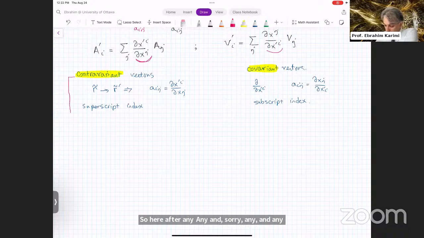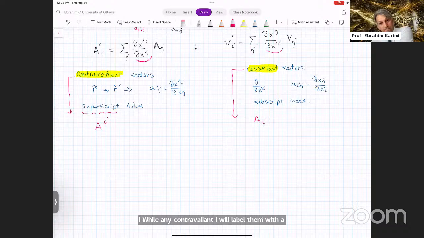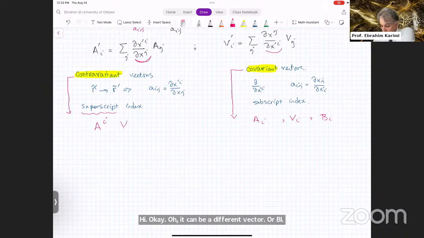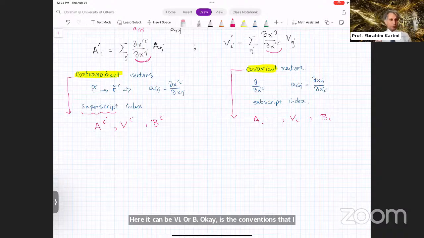The contravariant, I will label with a superscript index, A^i, while any covariant, I will label with A_i. Or it can be a different vector, V^i or B^i. Here it can be B^i or B_i. That is the convention that I will use to distinguish them, because they are acting differently.